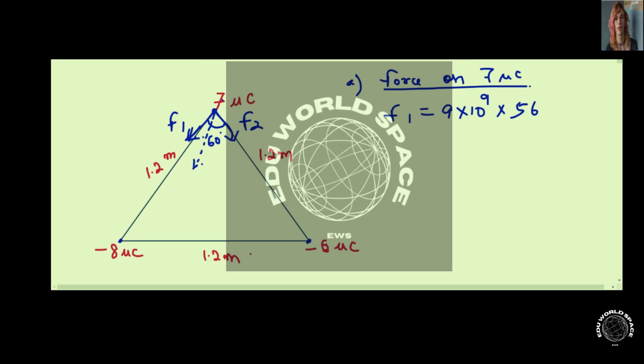So it will be 56 into 10 to power minus 12 by R square, that is 1.44 over here. And if we simplify, we get 3.5 into 10 to power minus 1. So that is 0.35 newtons we get.